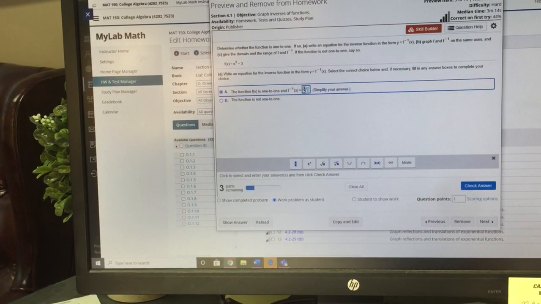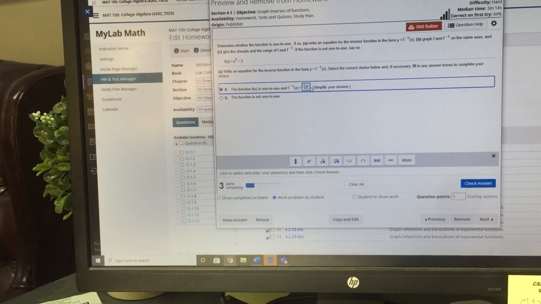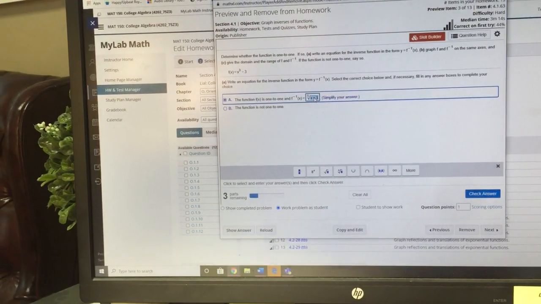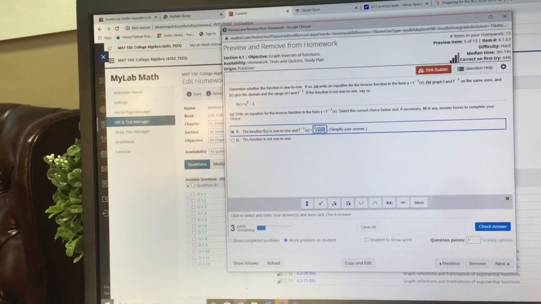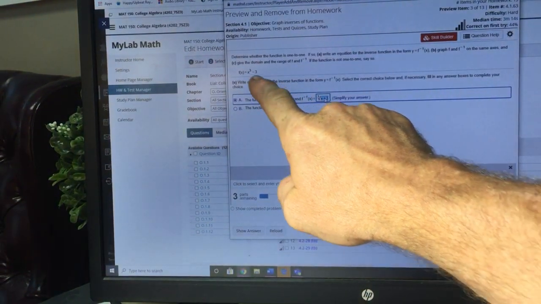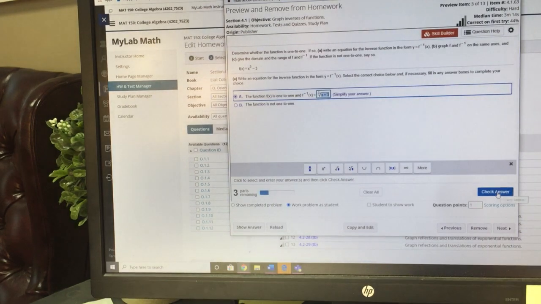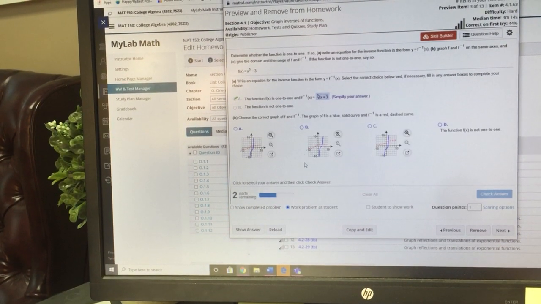This is going to be a third root. This is going to be x plus 3 inside here. Is that the same problem we did a while ago? It was similar. The one we did earlier was x to the third minus 1. All right, so check my answer. All right, we're good.